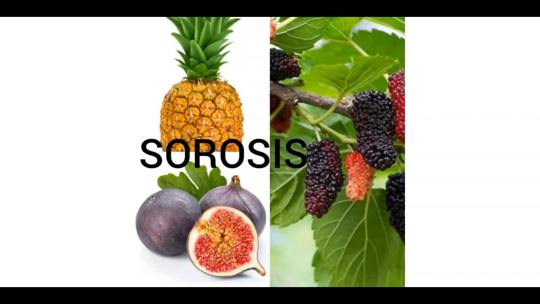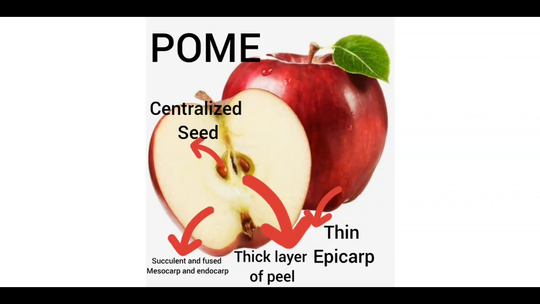Examples are pineapple, fig, and mulberry. Pome has a thin epicarp, succulent mesocarp, and endocarp, which are fused together. Pome has a central seed or seeds surrounded by a thick layer of pulp and a thick layer of peel. Examples of pome, which is a fleshy fruit, are apple and avocado pear.